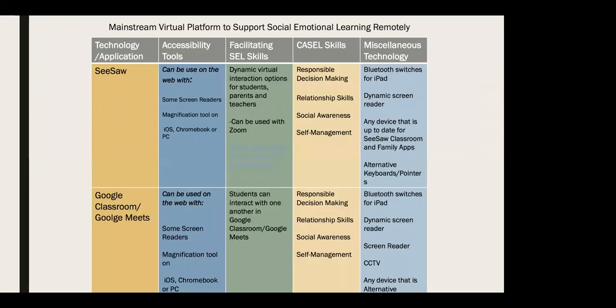Okay, so mainstream. Hold on a second. Okay, what we use for mainstream, right? Right now in our virtual learning, we are using a combination of what I've seen and what I've been trained in, Seesaw, and again, it goes through those same categories that I went through here.